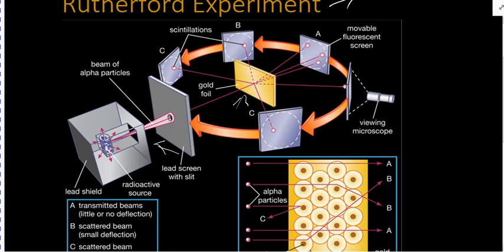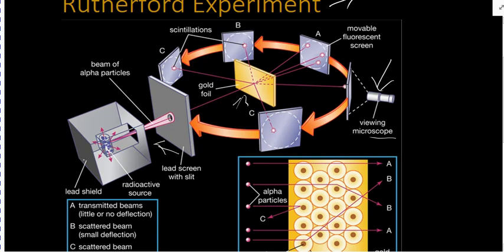After he bombarded it, he wanted to monitor what happens to the particles that reach the gold foil. So he connected a microscope that can be rotated, so that he can see if the rays of the alpha particle were reflected or deviated.